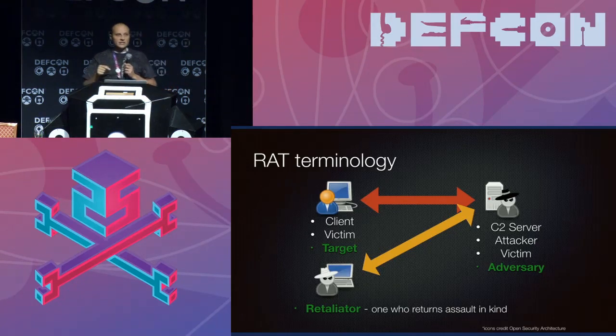The reason I'm avoiding victim is because the attacker in the original scenario is going to be our victim. So attacker and victim are terms I'm going to try to stay away from. And I'm introducing a new one: the person who's attacking back I will call the retaliator. I really like that term because the dictionary definition is one who returns assault in kind. We're going to be hitting them with their own medicine here, so I felt like retaliator is the right name for this.